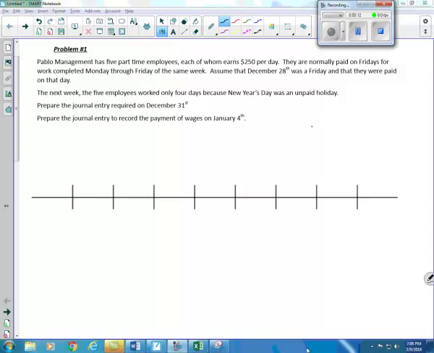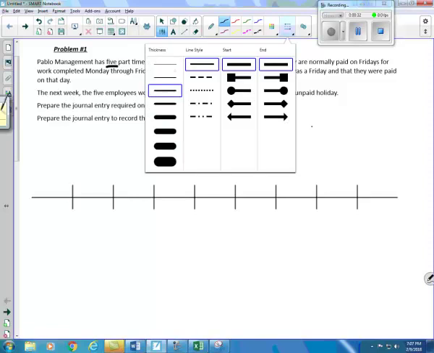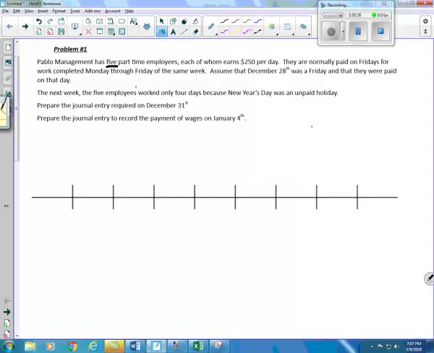We are going to be making an adjustment for accrued salaries and wages in this problem. Let's take a look at our narrative. We have Pablo Management. They have 5 part-time employees, and those part-time employees earn $250 a day.